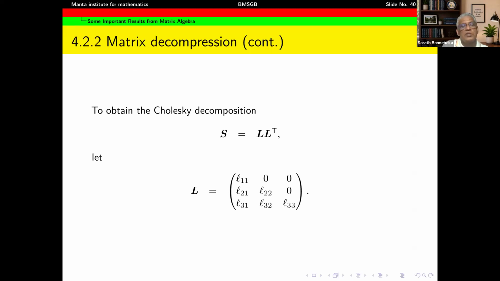To obtain the Cholesky decomposition, now we have to consider, let us assume that there exists a certain lower triangle matrix like this, and suppose S is equal to LL transpose. Right? Now we can find out what these constants should be by solving a system of equations.